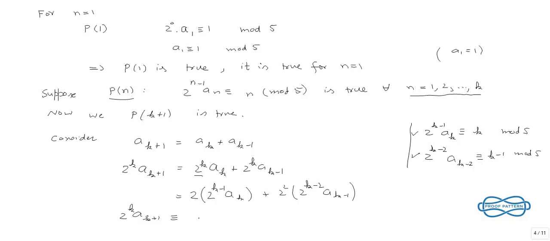So if we apply modulus here, we will get 2 times k plus 2 square into k minus 1 mod 5. Okay, we will simplify further to get the result. Okay, this is 2k a_k plus 1 is actually congruent to 6k minus 4.